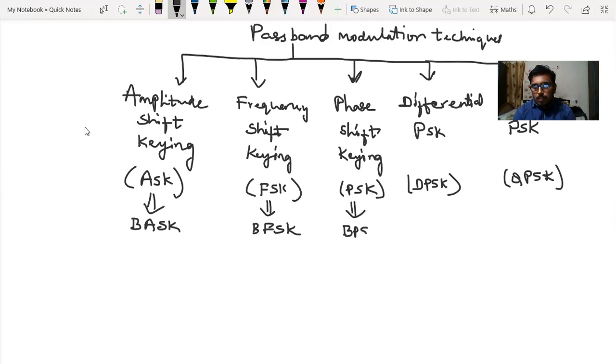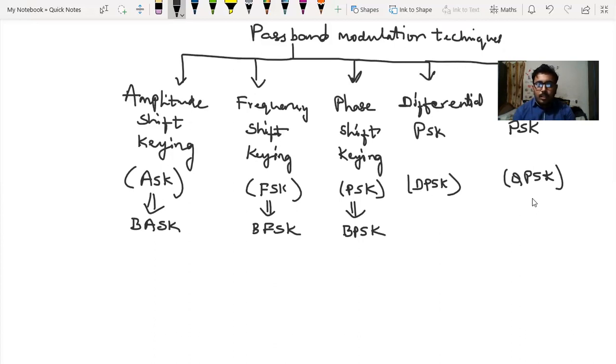And this will be differential phase shift keying, and this will be QPSK, quadrature phase shift keying. The basic difference between BPSK and QPSK is that in QPSK you take 2-bit transmission, whereas in BPSK you take 1-bit transmission at a time. That we will see in the topics on QPSK and BPSK explanation.